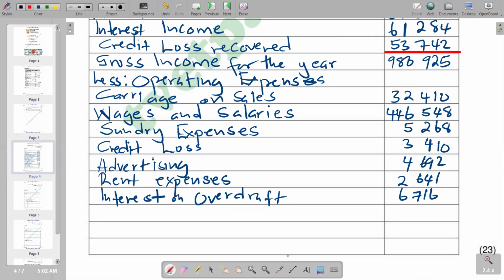Having that, we can now close so that we can add to get our total for operating expenses. So we add all what we have for expenses and the total that we're supposed to get here for operating expenses is 501,685.